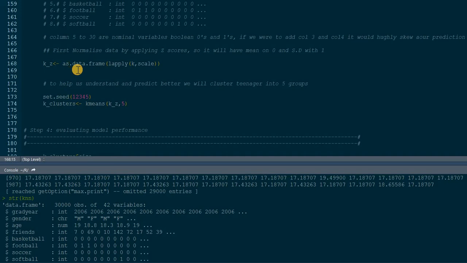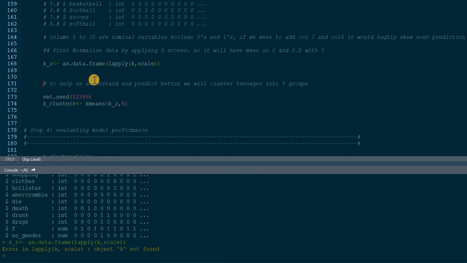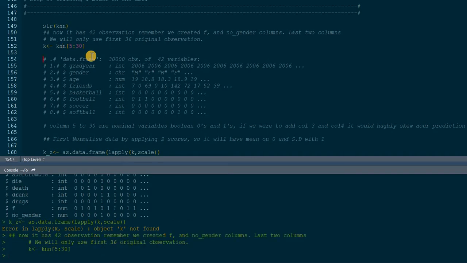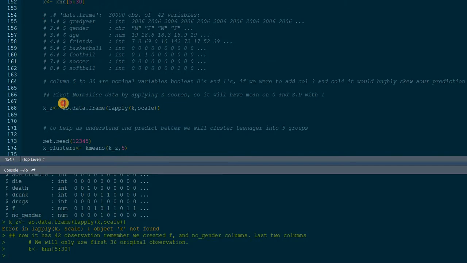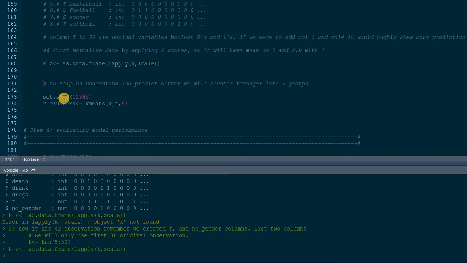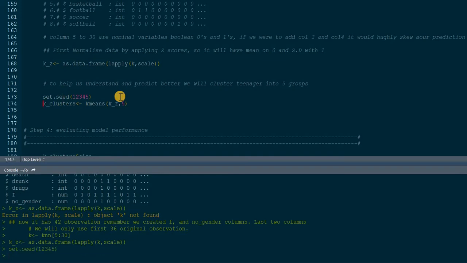So let's do that. I'll call it kz, start with any random number, and I want 5 different clusters.